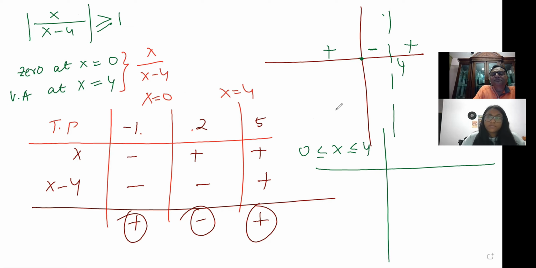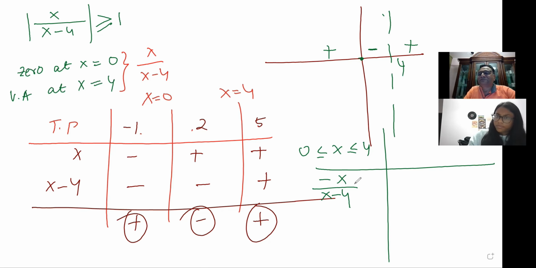So this absolute function will be defined as minus of x over x minus 4. Because it will become positive, right? Why is it minus x? Because it's an absolute value.